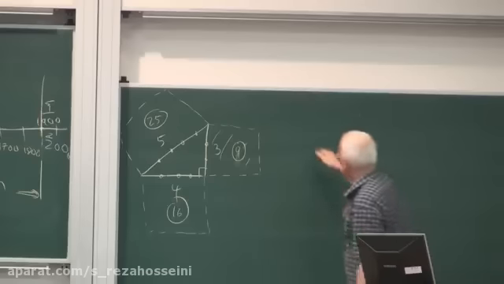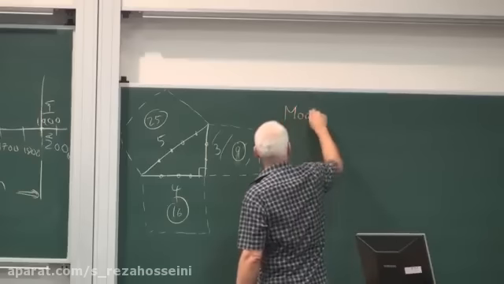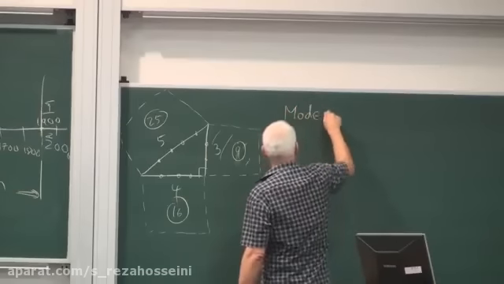These days, the modern formulation is to say, we have a right triangle with side lengths d1, d2, d3, then d1 squared plus d2 squared equals d3 squared.